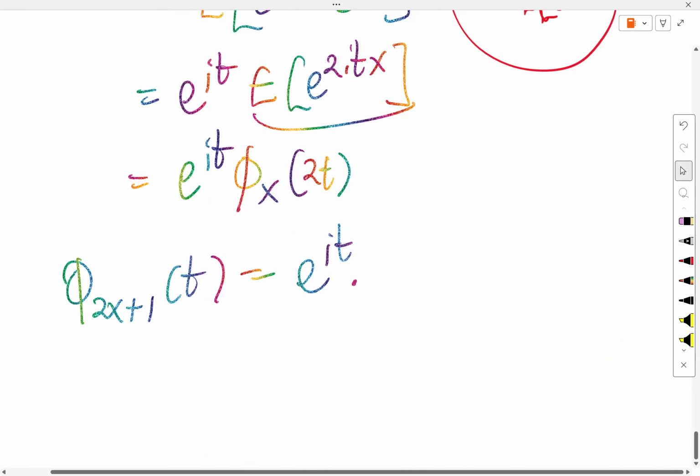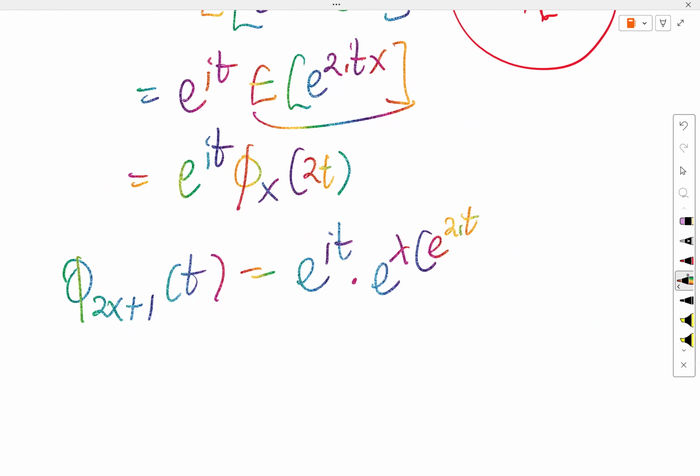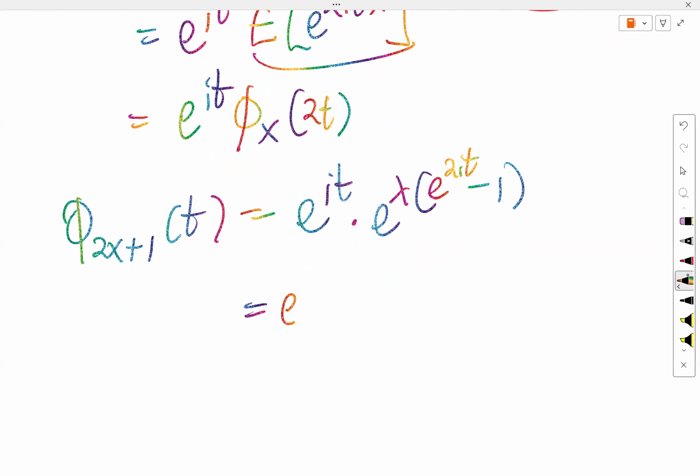So this will now be e raised power lambda into e raised to power 2it minus 1. The other one was e raised to power it minus 1. So here now, we can just tidy this up. So we have e raised power it, e raised power lambda e raised power 2it, e raised power minus lambda.